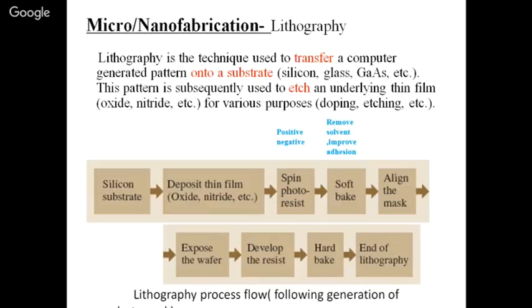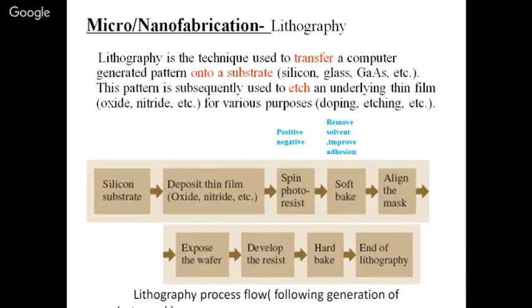And here, positive, negative, remove, solvent, improve, addition, and all these. Silicon substrate, deposited thin film, oxide, nitrides, just like a chemical vapor deposition or physical vapor deposition process, where nitrides or carbonitrides are deposited on the surface of the cutting edge.